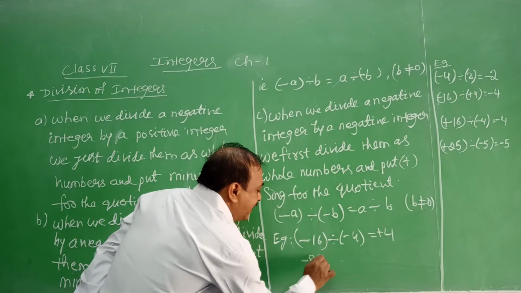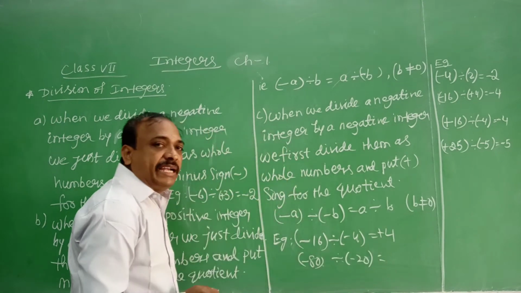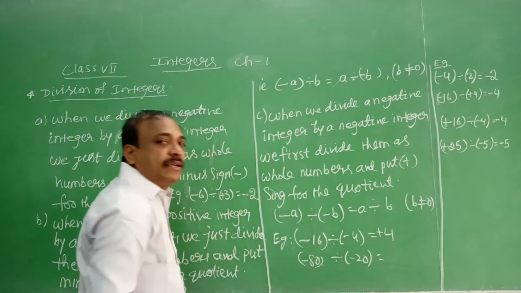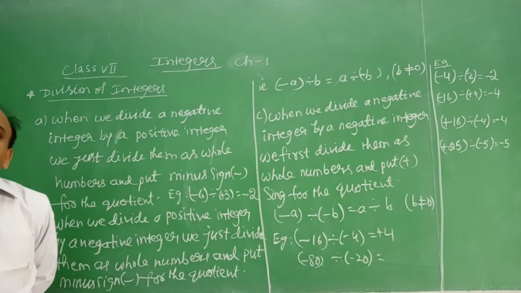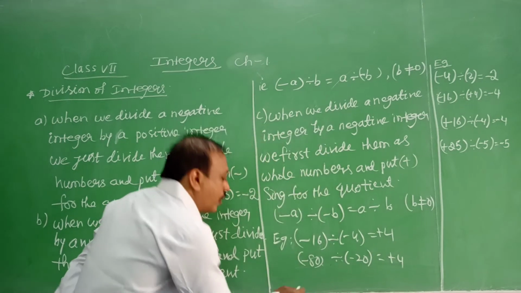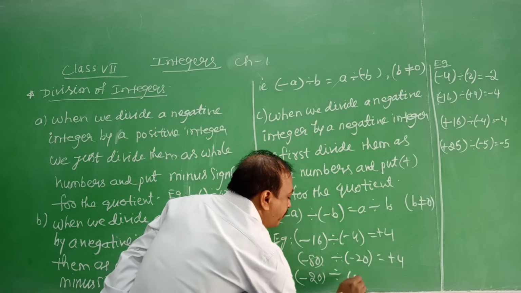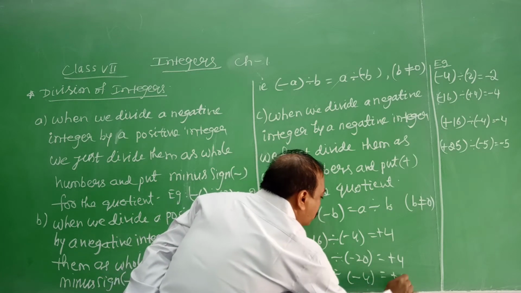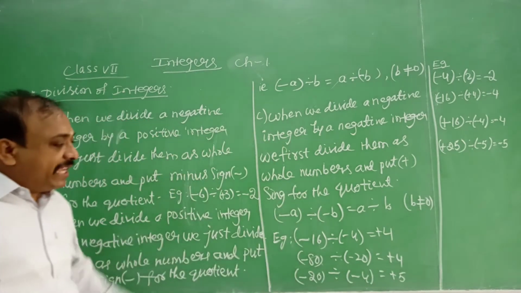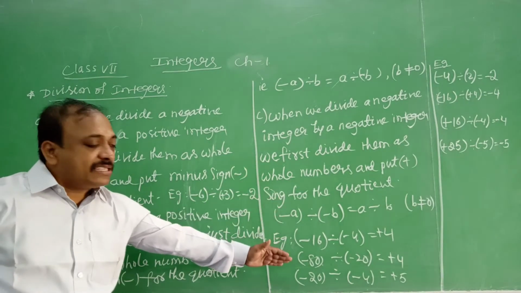Similarly, minus 80 divided by minus 20 is equal to plus 4. Minus 20 divided by minus 4 is equal to plus 5. Even if you divide two negative integers, we get a positive.